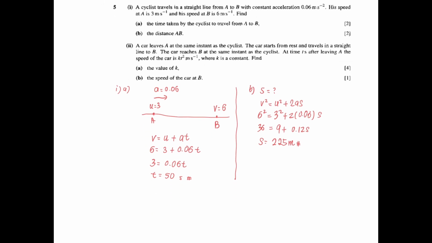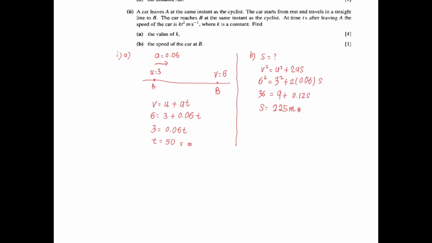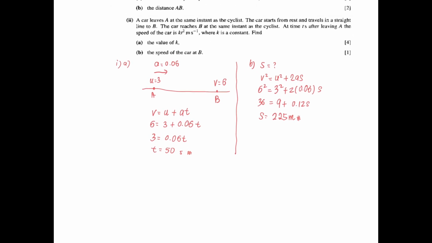Okay, part 2. Let's see the question first. A car leaves A at the same instant as the cyclist. That means start from here. Now the car starts from rest and travels in a straight line to B. So let's put the information in this way.